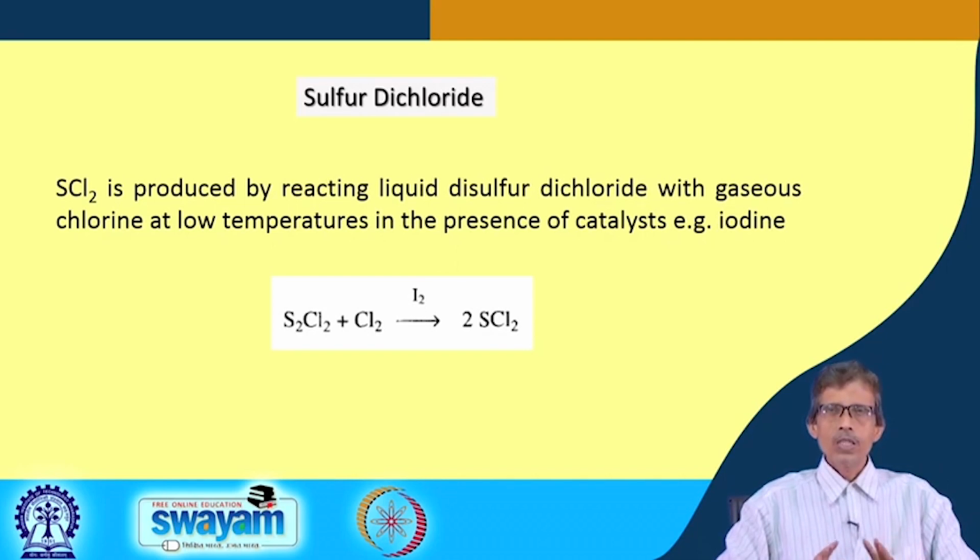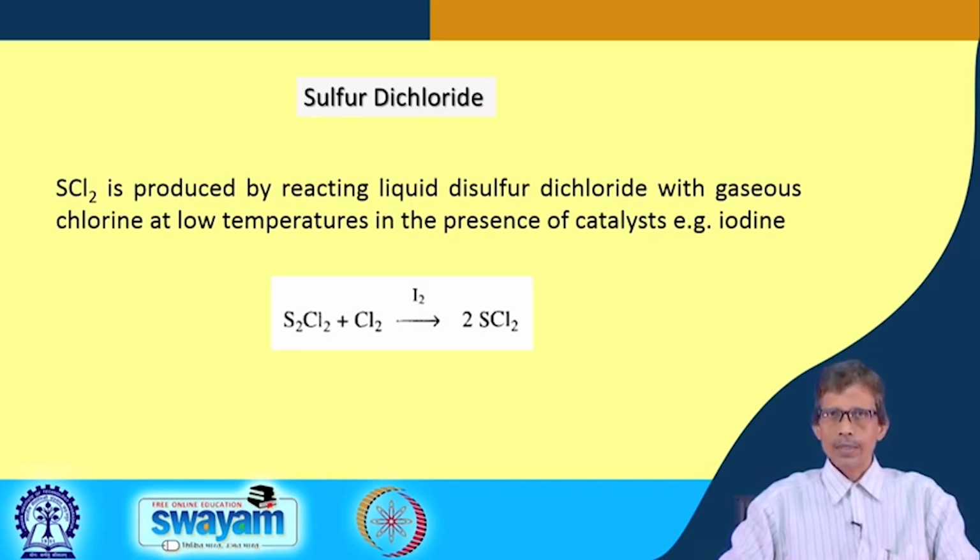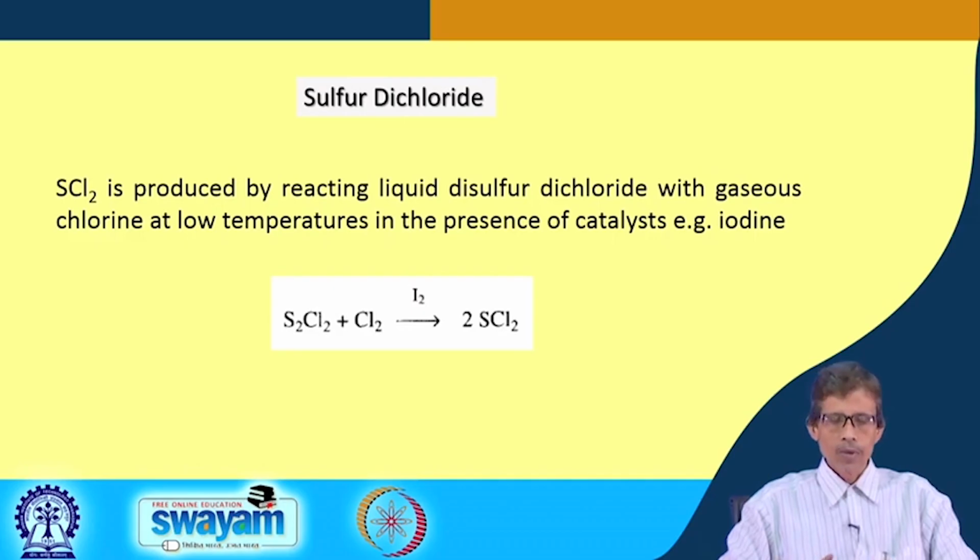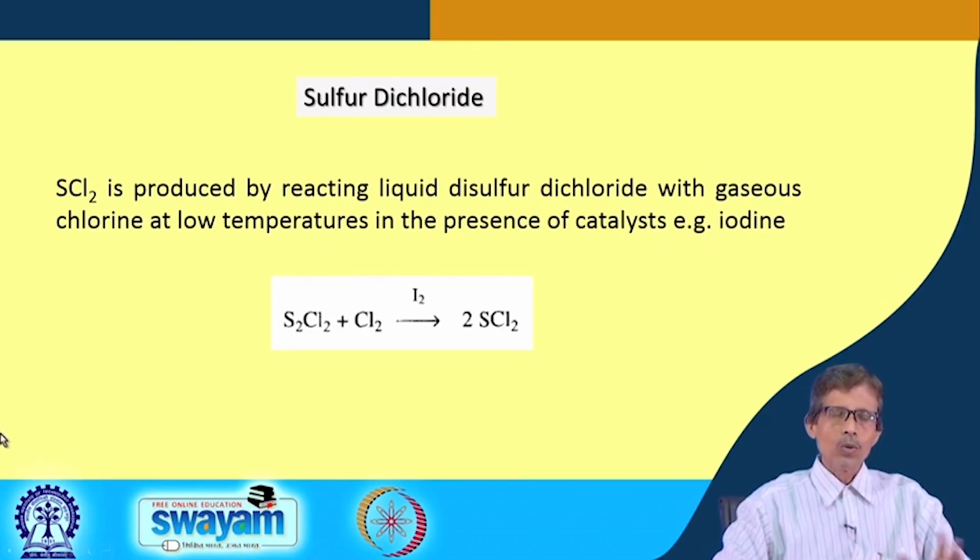Similarly, as we will see afterwards during the preparation of hydrogen sulfide, sulfur is the central atom and you have two hydrogen atoms attached to it. Here the sulfur is attached to two chlorides, so you get sulfur dichloride.